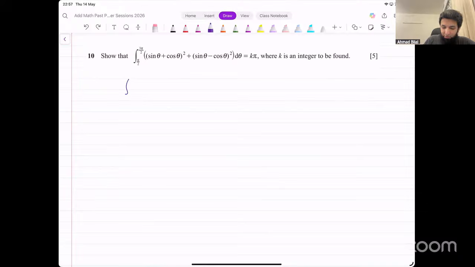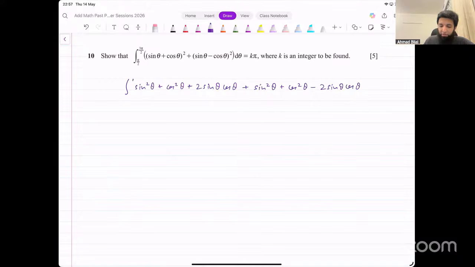Sin theta plus cos theta whole squared, that's a plus b whole squared. That will be sin square theta plus cos square theta plus 2 sin theta cos theta. Again, we've got a minus b whole squared. What does that become? Sin square theta plus cos square theta minus 2 sin theta cos theta.